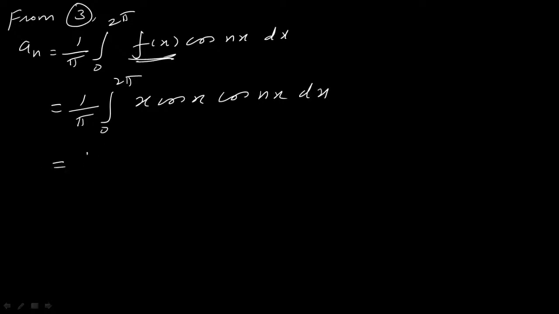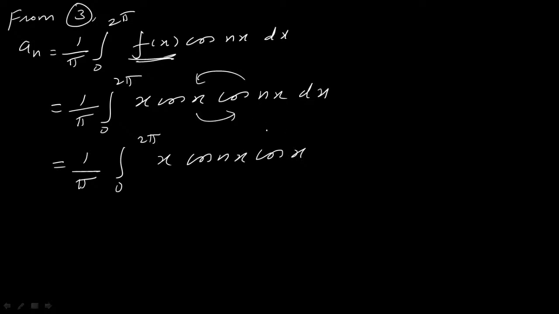What I am going to do next is 1 by pi integral 0 to 2 pi. I have to take this cos nx to the front first and next I have to take cos x. So cos nx cos x. Interchanging the position of a multiplication doesn't change the value of the integral. Am I right? So that is dx.